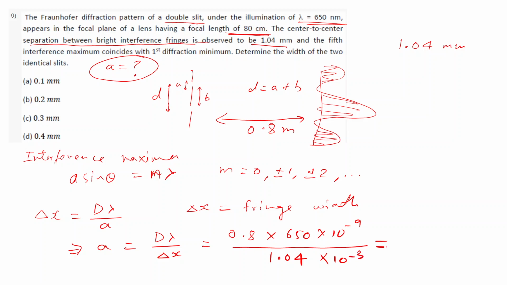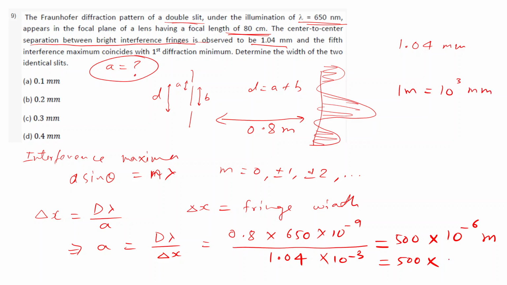When I calculate this, I'll get 0.8 multiplied by 650 divided by 1.04, which is 500, and these powers will be 10 to the power minus 6 meters. And when I convert it into millimeter, it will be 500. 1 meter is 1000 millimeter.